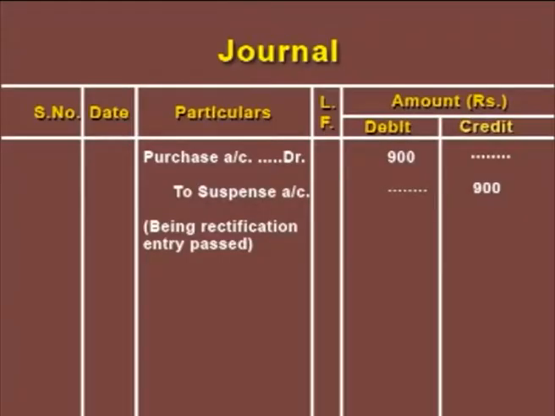Note here that as the error has decreased the total of debit side of purchase account, that is total purchase by rupees 900, the rectification entry is expected to increase the total purchase by rupees 900. We have rectified this error by placing the purchase account on debit side of journal entry, as the basic nature of purchase account is debit and it increases when debited, representing debit what comes in, and decreases when credited.